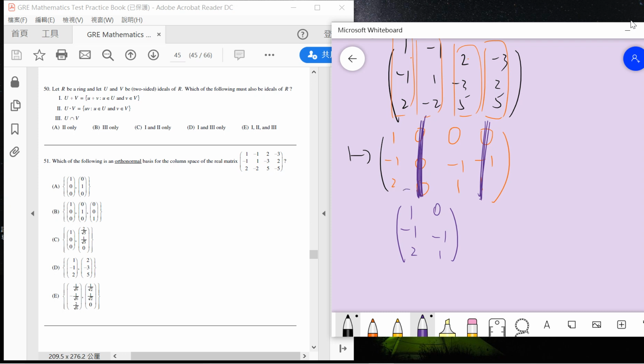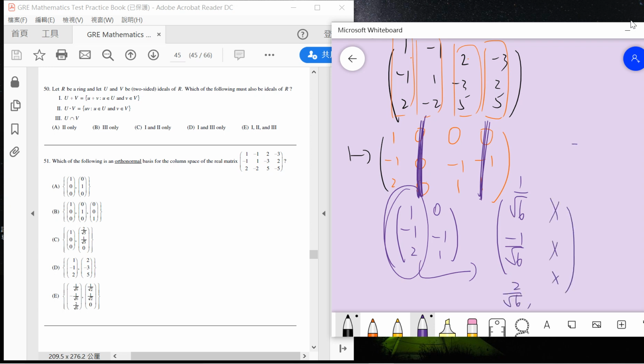We first normalize this one, and we get 1 over square root of 6, minus 1 over square root of 6, 2 over square root of 6, and the sum is also a normal vector. So the only choice is E, because the first one is not correct, and choice B has 3 independent vectors, so it's not correct, and C is also not correct, and D is not normalized. So we choose E.